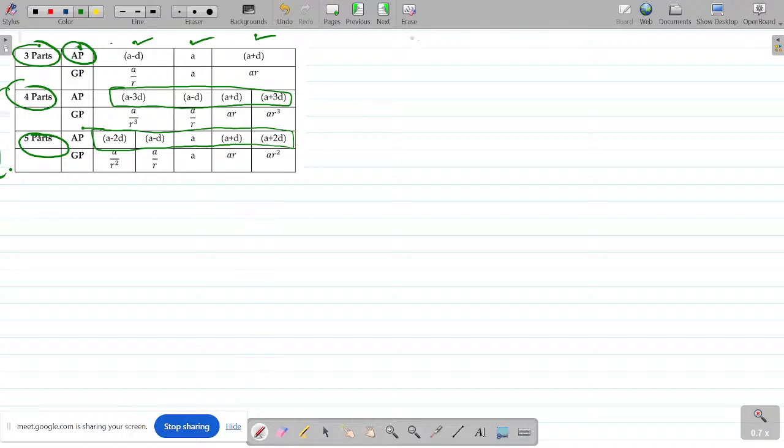So the problem may be with respect to dividing a number into 3 parts or 4 parts or 5 parts. For convenience sake, I'm going to divide this as even numbered and odd numbered, which means they ask you to find as 3 parts or 5 parts. We'll go with the logic.